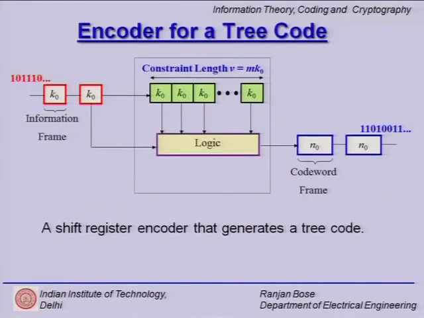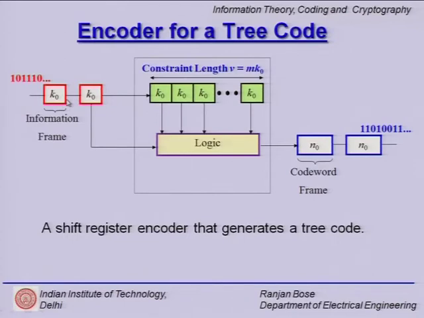So, if you look at a general structure for a tree code, it can be expressed as follows. Let us start on the left hand side. We have the information frames coming in. You have this long stream of input data, say 1 0 1 1 1 0, and so on. We first break it up into information frames of size k naught.